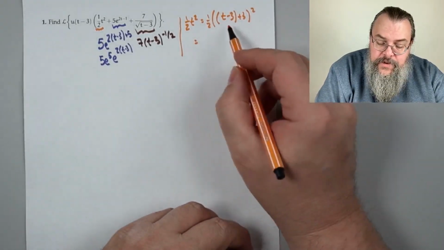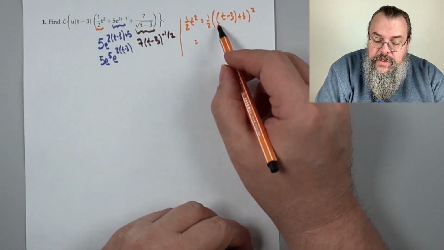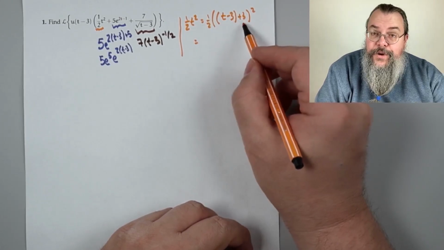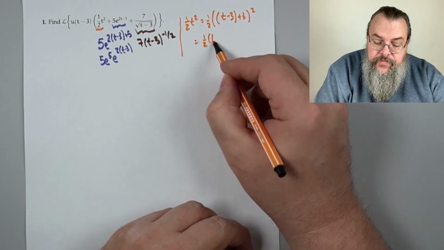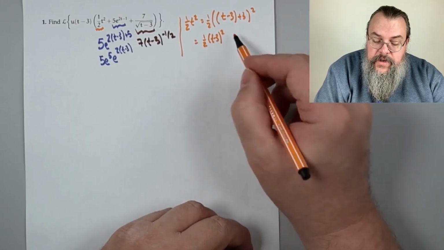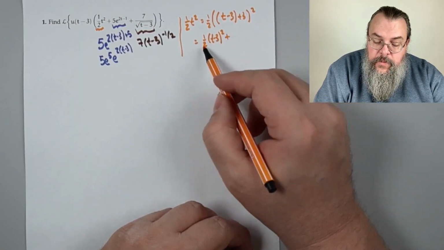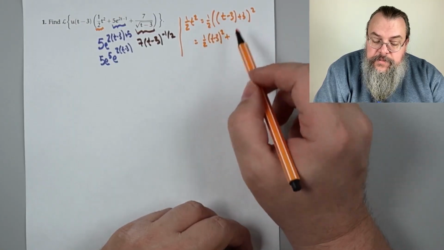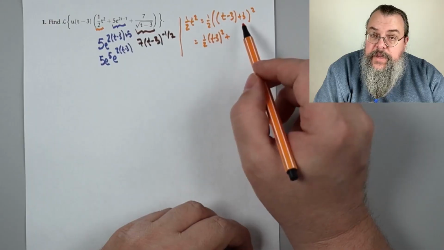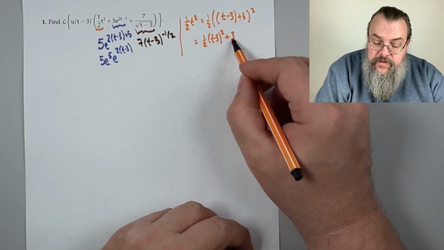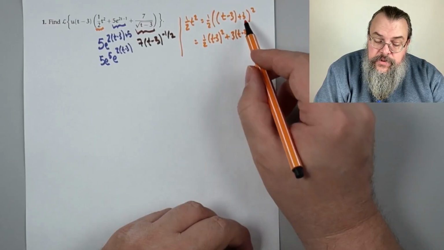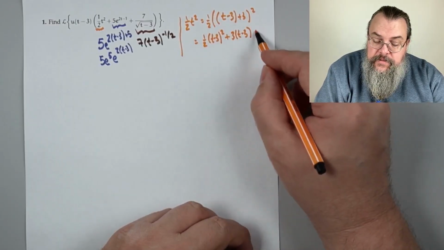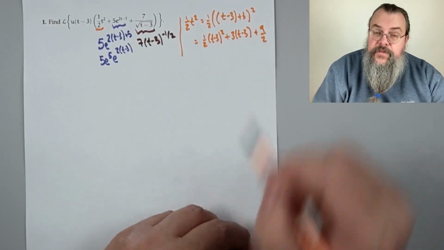So now we square this. So this thing, this is like a plus b squared. So this would be 1/2 a squared plus 1/2 in front times 2 times a times b. So the 1/2 and the 2 cancel. 3 times t minus 3. And then 3 squared times a half, 9 halves.